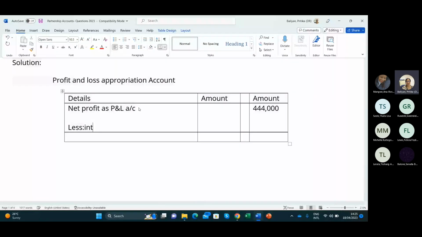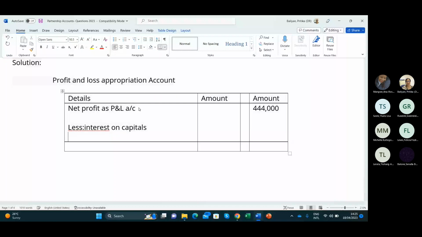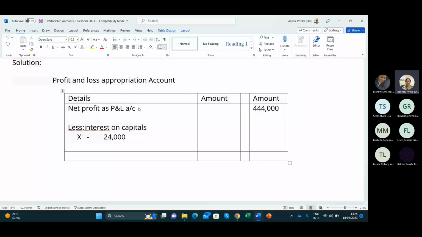Interest on capital for X, 5% of 480,000 times 5 is 24,000. So you will write the amount here, 24,000. Same you have to calculate for Y.